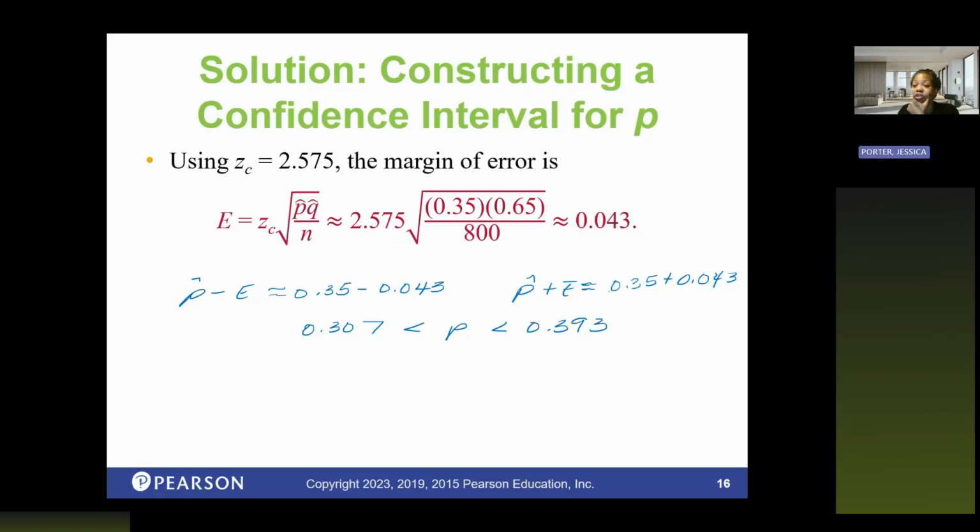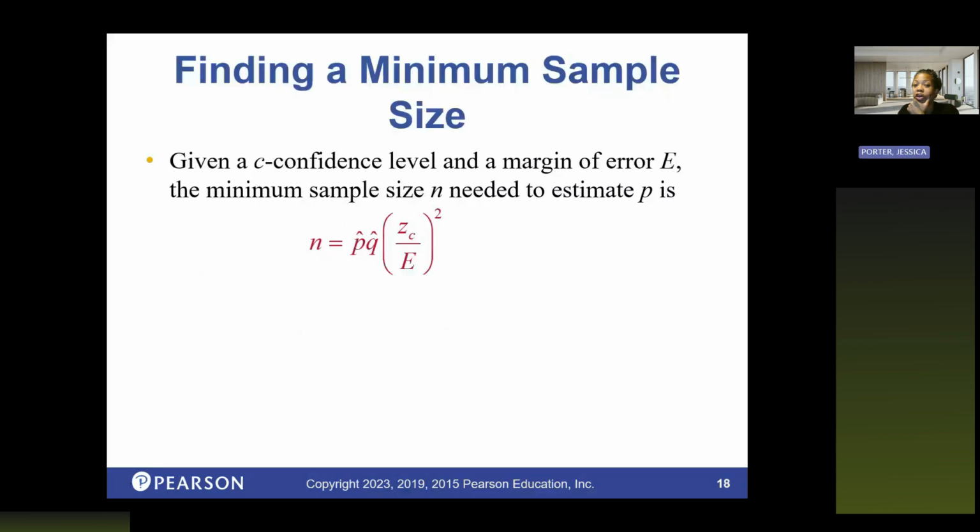The last thing we're going to do in this section is find a minimum sample size. So in that, you're just applying the formula. We worked backwards to find n in this case. So p hat, q hat times z critical over the margin of error, the quantity squared.